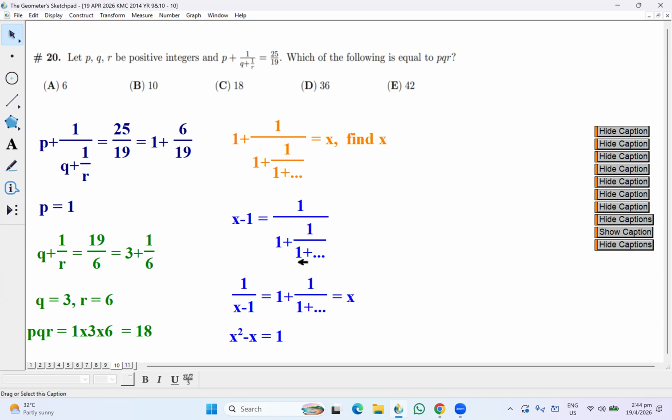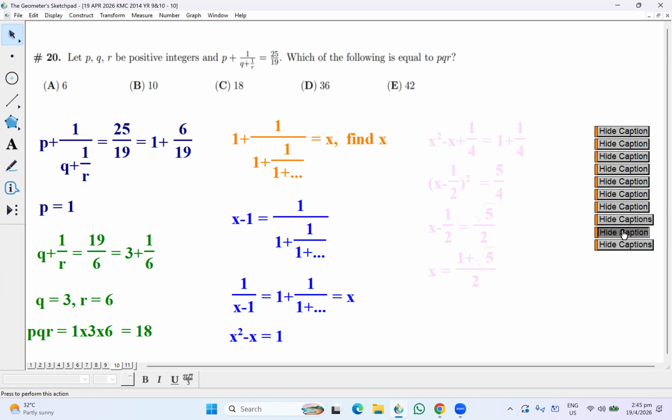The part a is here, 1 plus dot dot dot. This also continues, so it's also x. It continues in the same pattern. So it becomes a quadratic equation. X squared minus x equals 1.